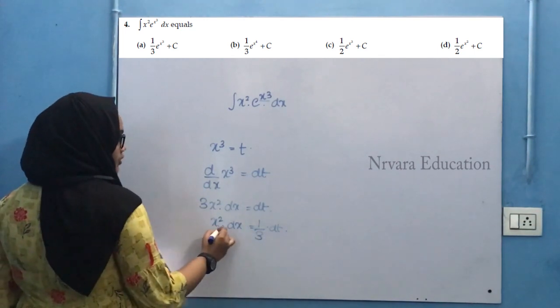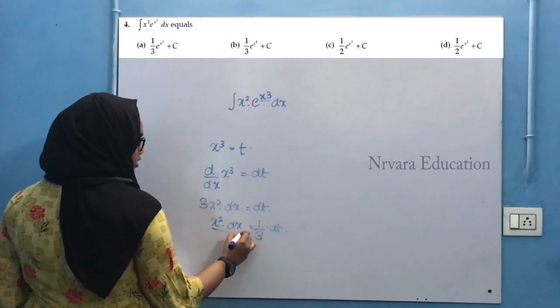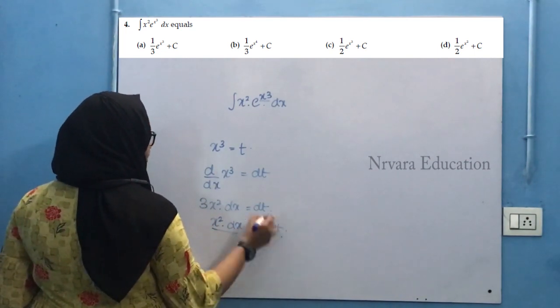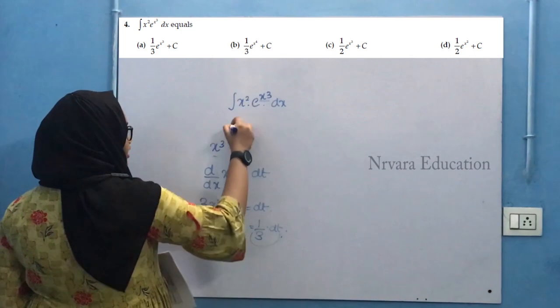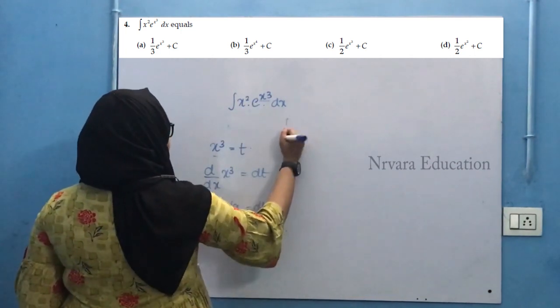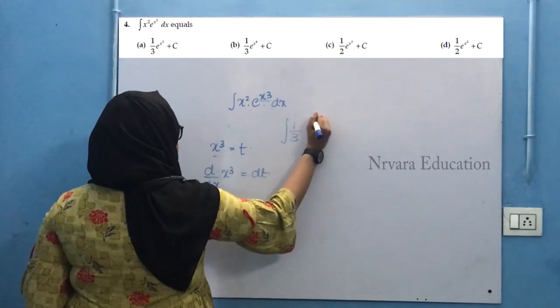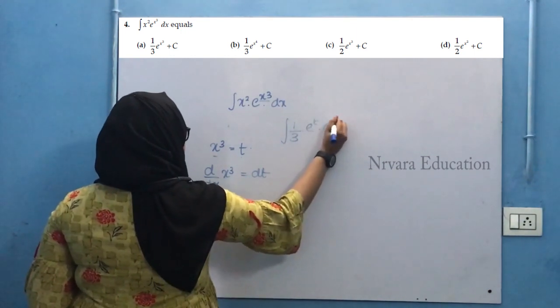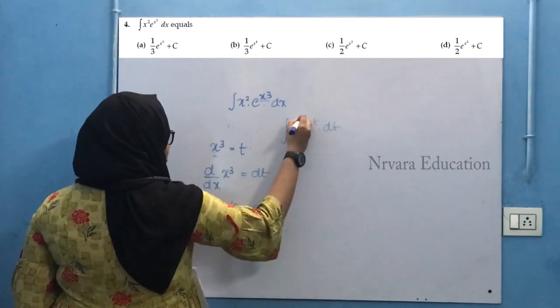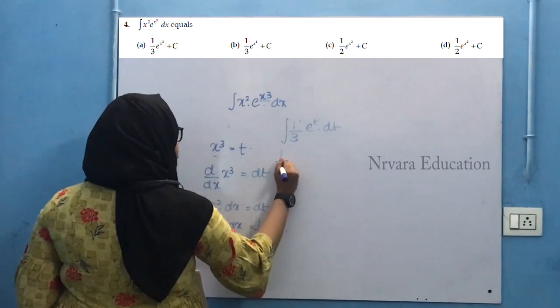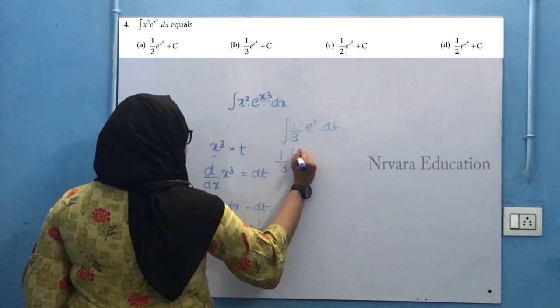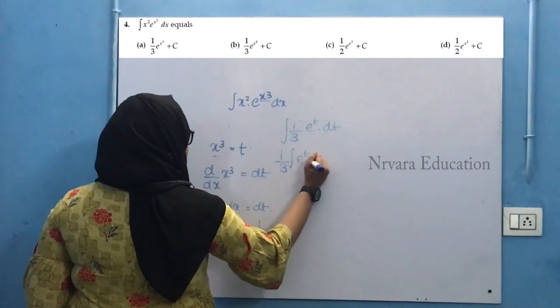Now we'll substitute x squared dx as 1 by 3 into dt and x cubed as t in this equation. So we'll get 1 by 3 into e raised to t dt. Since 1 by 3 is a constant, we can take it outside, and then we'll get the integral of e raised to t dt.